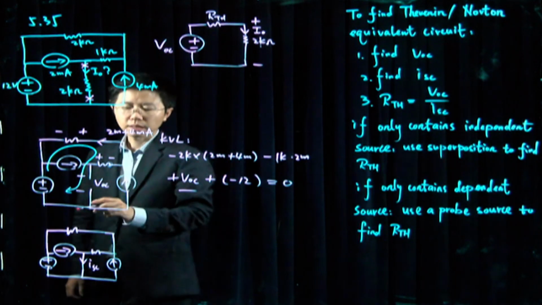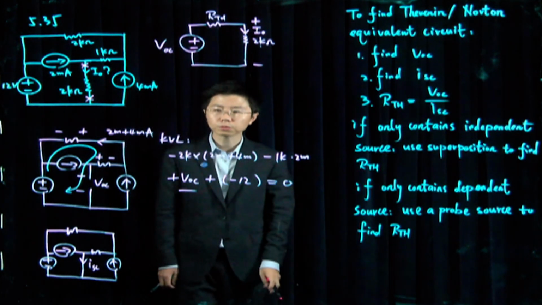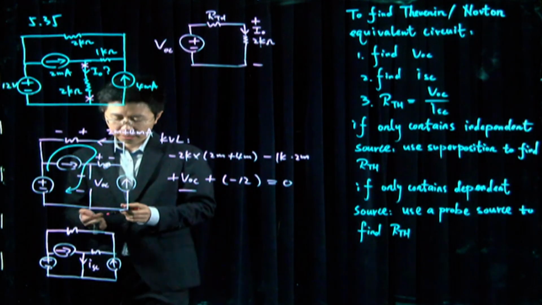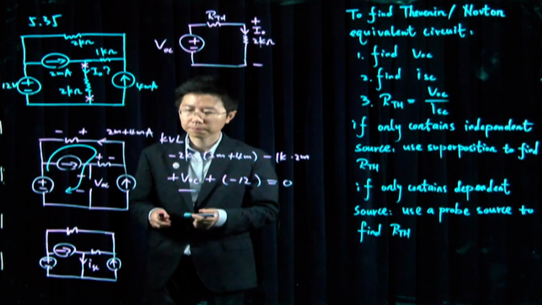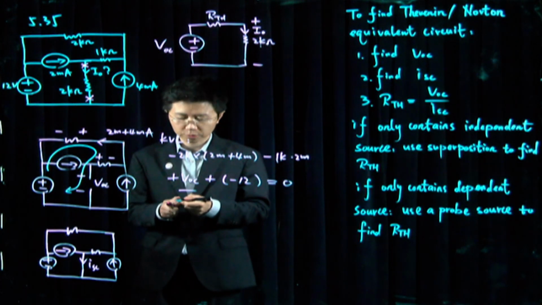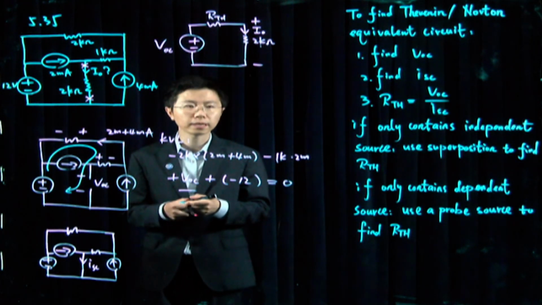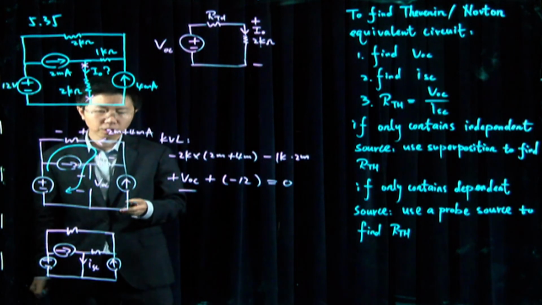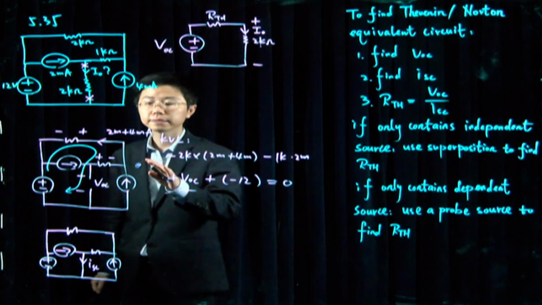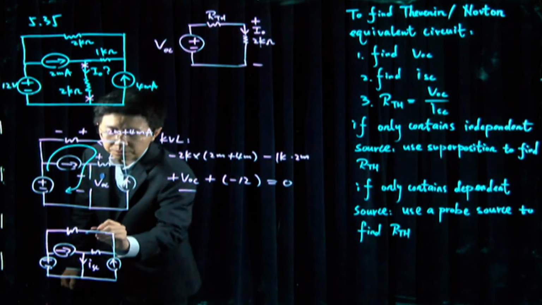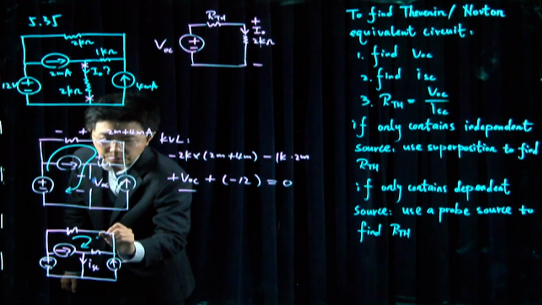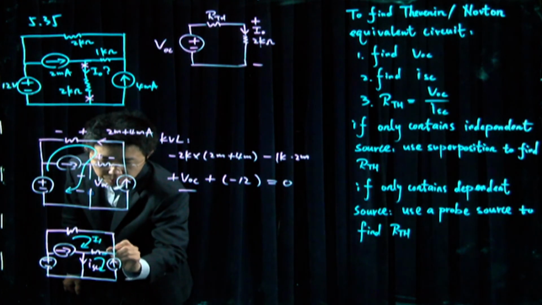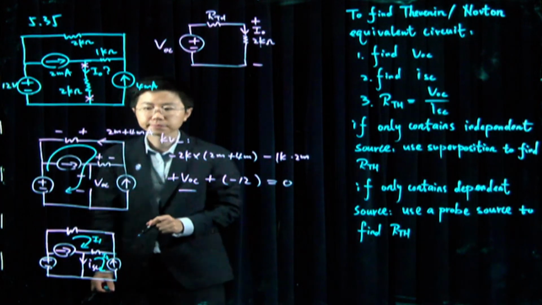So with this one, if I'm trying to find the current here, there are various ways to do this. One simple way will probably be using loop analysis. In this case, I have two current sources, so I might want to take advantage of this. So maybe this will be my first loop, I call this I1, and this one will be my second loop, I call this I2.